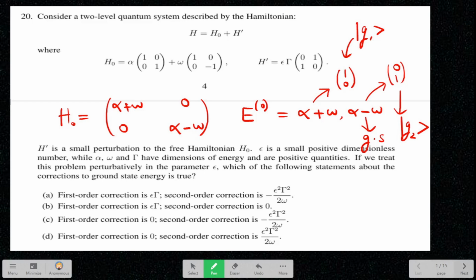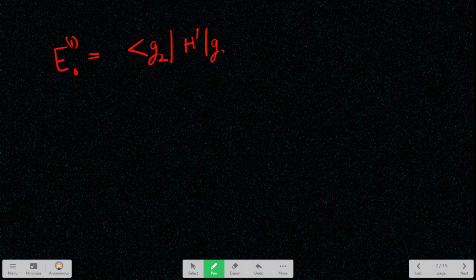So the first order correction to the ground state is defined as E1_0. The 1 on top indicates that it is the first order correction, and the 0 at the bottom means this is with respect to the ground state. So E1_0 is equal to <G2|H prime|G2>, where G2 is the ground state.